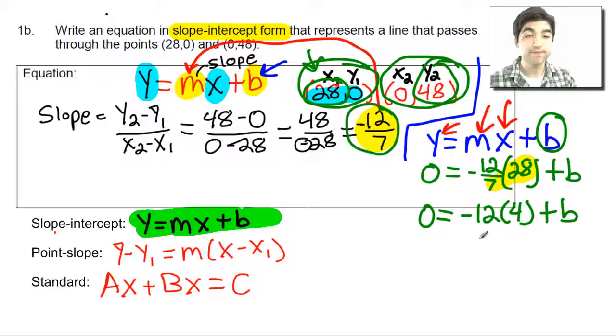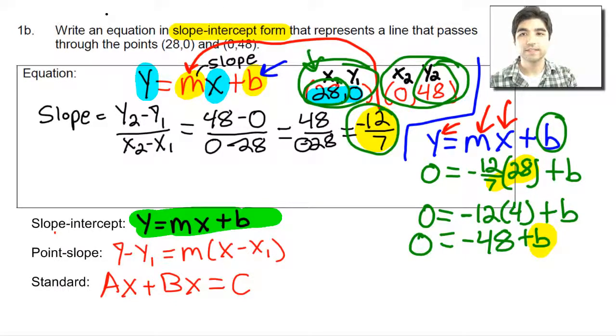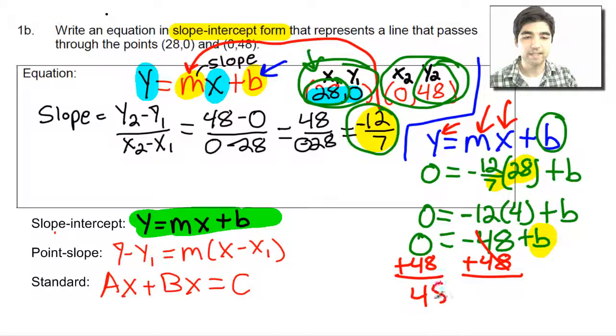Negative 12 times 4 equals negative 48, plus b. We're trying to solve for b, so we need to get the 48 to the other side. So let's do plus 48 to both sides. That crosses the 48s out, so we got 48 equals b. Woo!